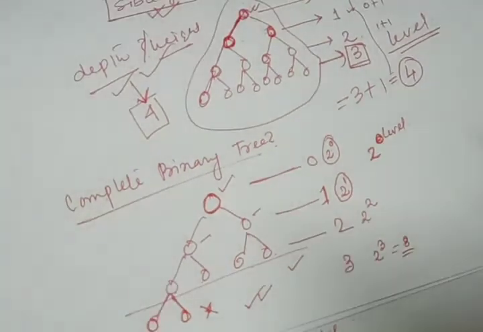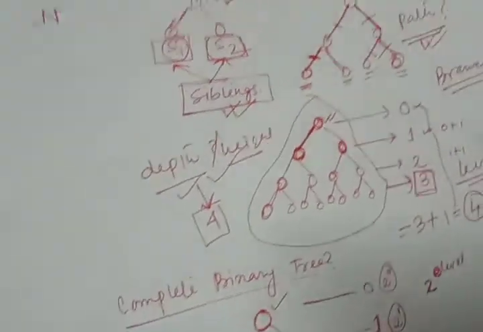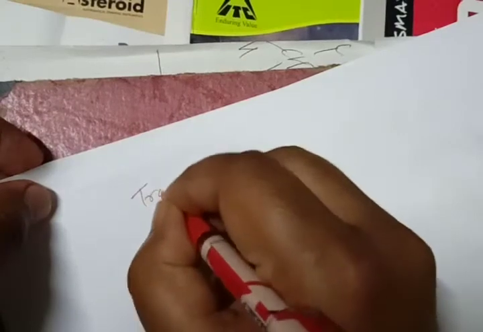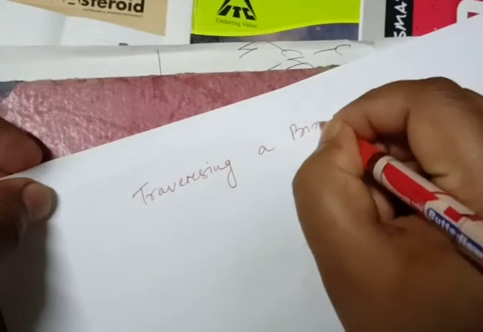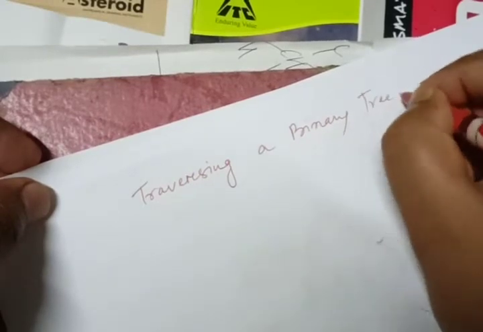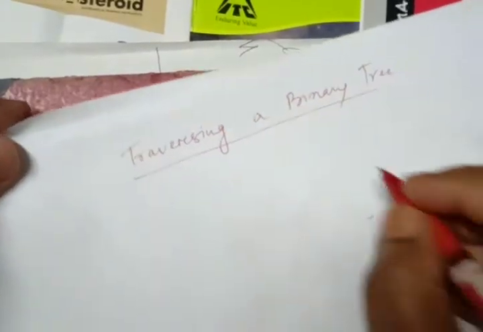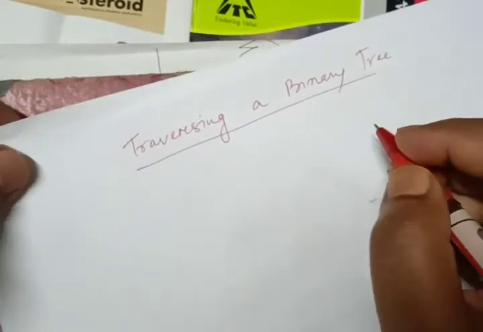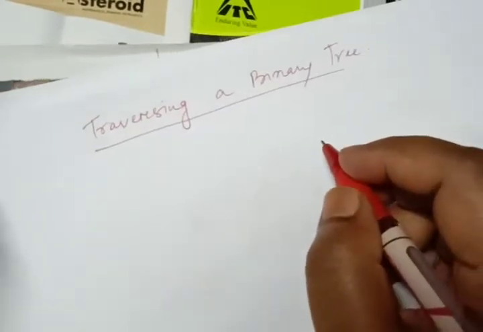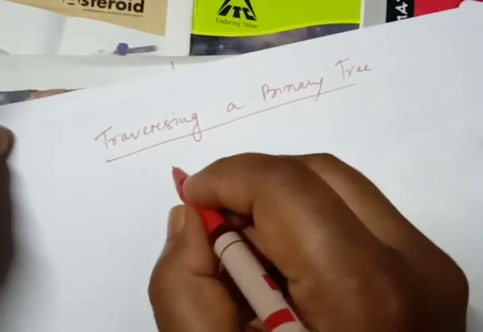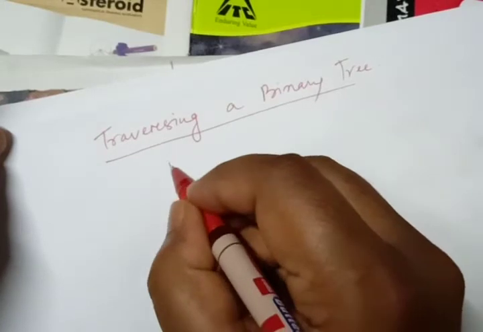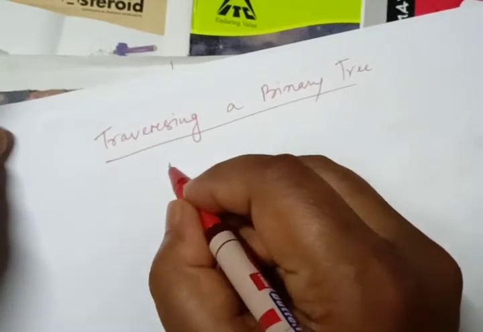Now I am going to one more important topic, that is traversing a binary tree. Like any data structure, we can traverse a binary tree. There are 3 standard methods of traversing a binary tree.